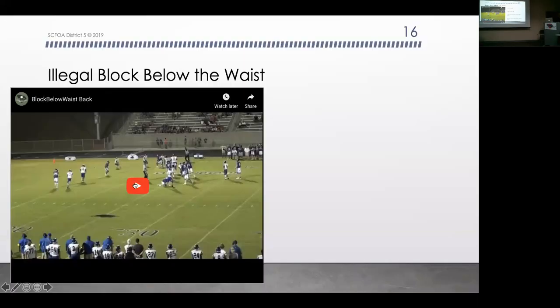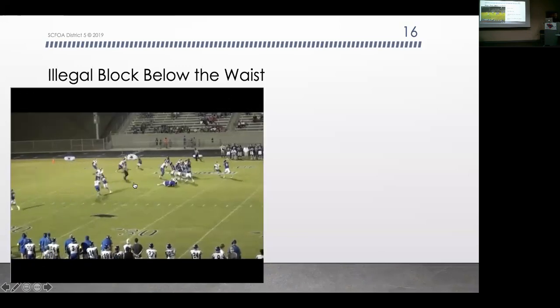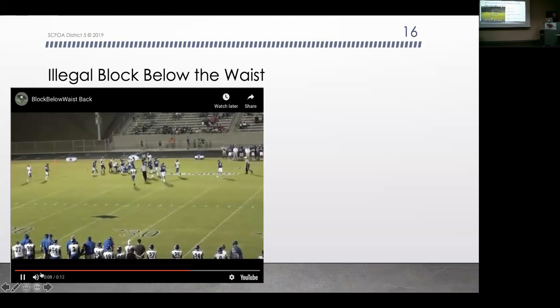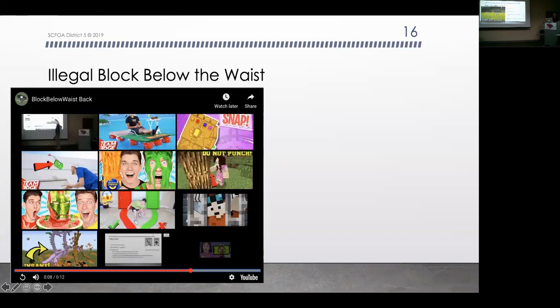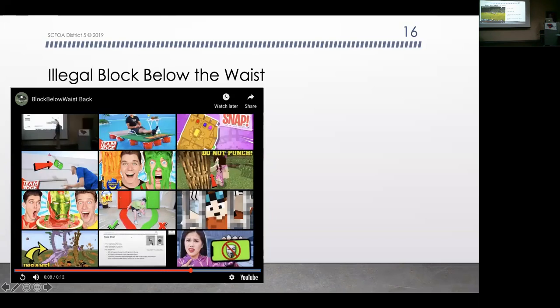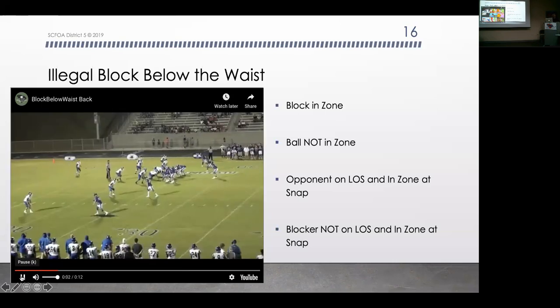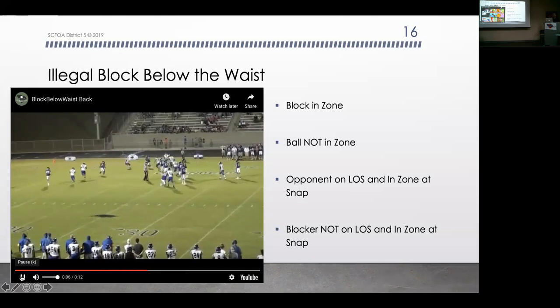However, when that block occurs, the ball is no longer in the zone. The opponent was on the line of scrimmage, he was the defensive end, but the blocker, we've already said, was not in the zone. So this would be an illegal block below the waist. Who's going to get that? The wing. Referee sometimes, if the angle's just right. But the wing guys can get that.